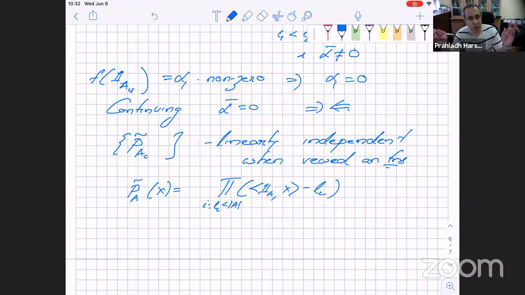It need not be 0 or 1. So one thing I want to say is P tilde A is not multilinear.